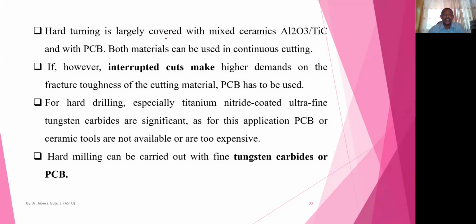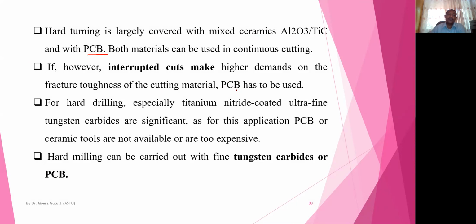Hard turning is largely covered with mixed ceramics, alumina with titanium carbide, or polycrystalline cubic boron nitride cutting tools. Both materials can be used in continuous cutting. If, however, interrupted cuts make high demands on the fracture toughness of the cutting material, polycrystalline cubic boron cutting tools can be used.